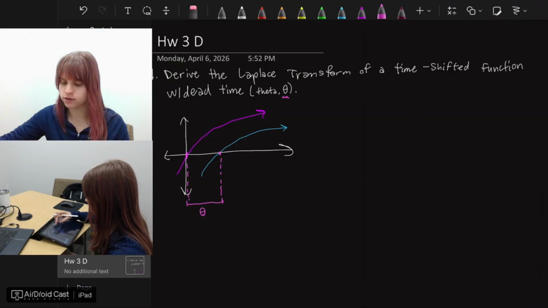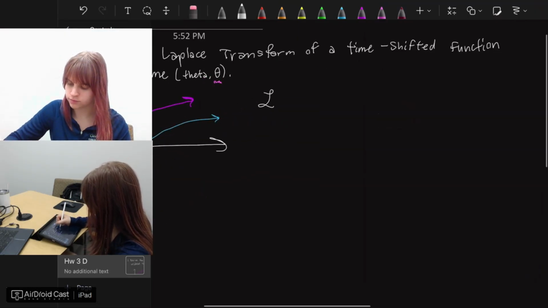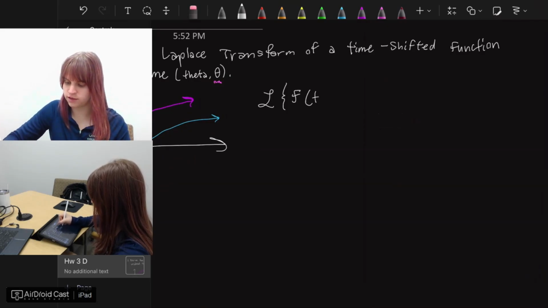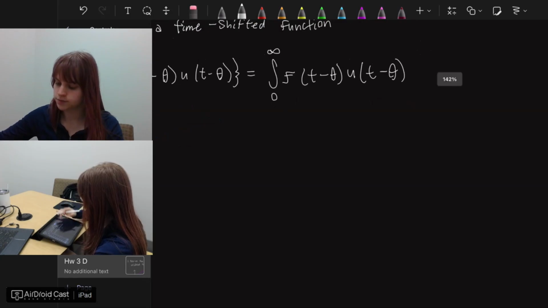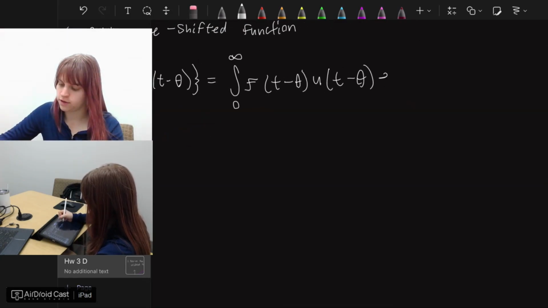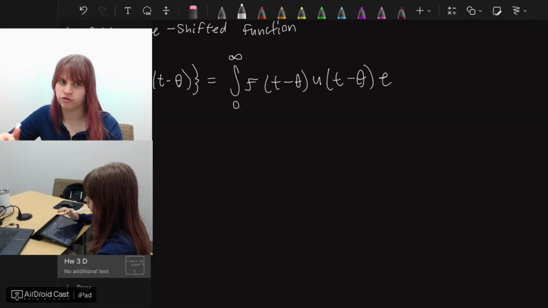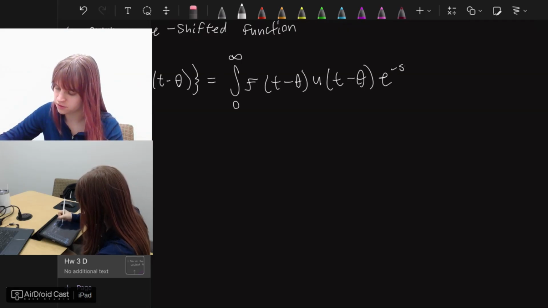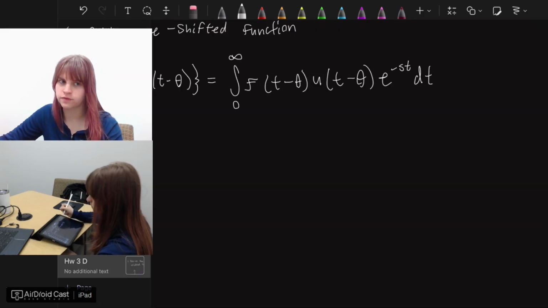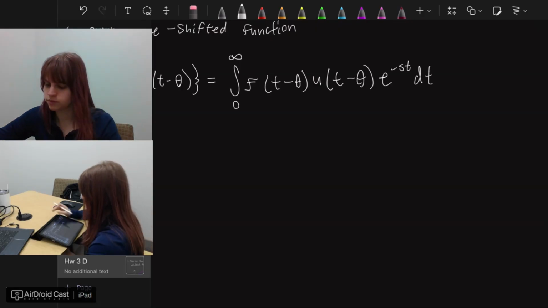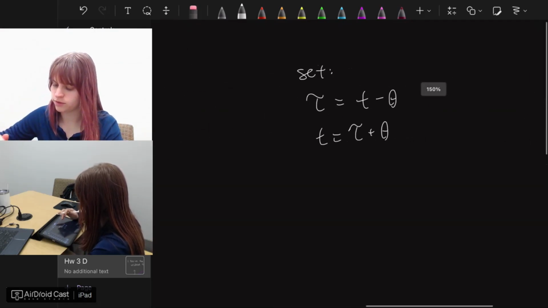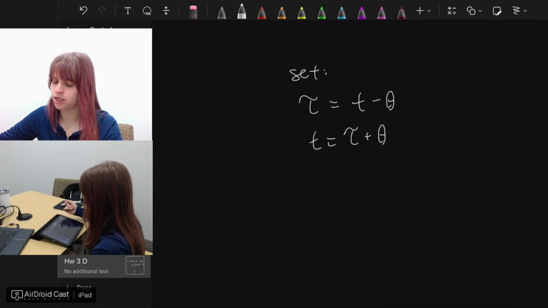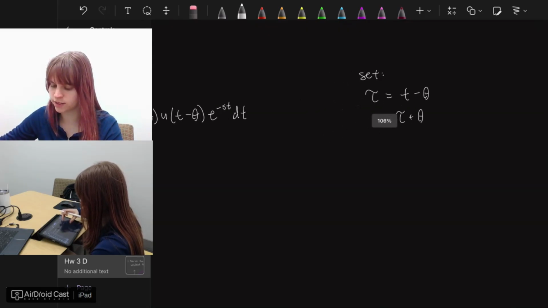If we want to take our Laplace transform of f(t minus theta), our dead time, and u(t minus theta) again, except now, from taking the Laplace transform, we have e to the negative st dt. Since we want to have this in terms of tau instead of t, we're going to set tau equal to t minus theta and t equal to tau plus theta.